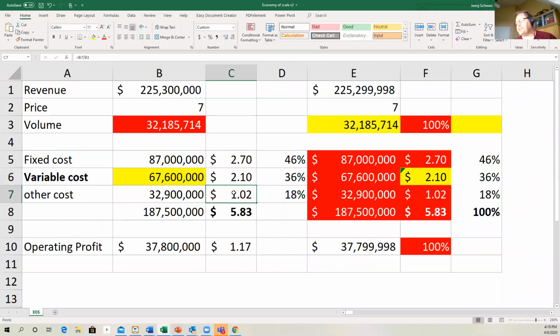So when we start the simulation, our per unit cost is $5.83. That means I'm generating at a price of $7 an operating profit of $1.17 per unit. So for every unit I sell, I generate an operating profit of $1.17.